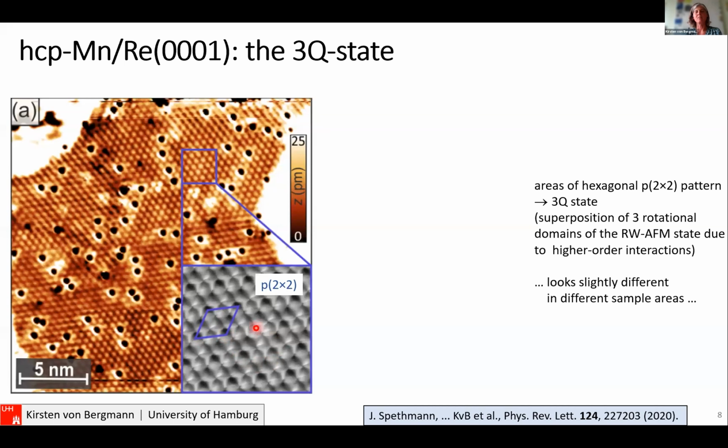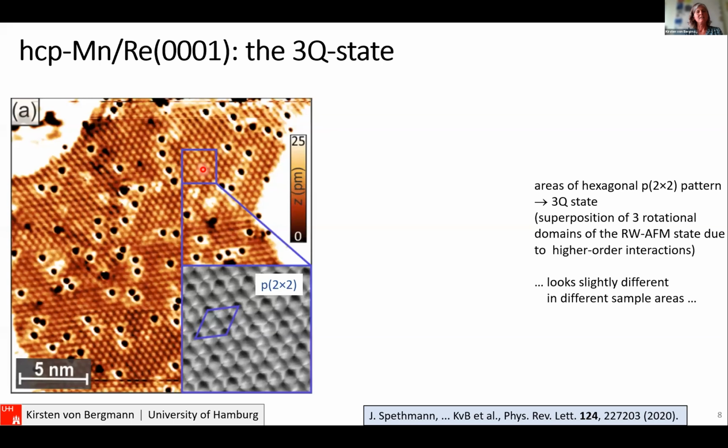So this is some kind of atomic resolution image, it's manipulation imaging, and it very clearly shows the superstructure. And this is in agreement with the 3Q state, which also hadn't been observed before. That is the state that I'd shown in the introduction: the superposition of the 3 rotational domains of the rowwise antiferromagnetic state, which can be favored by higher order interactions.